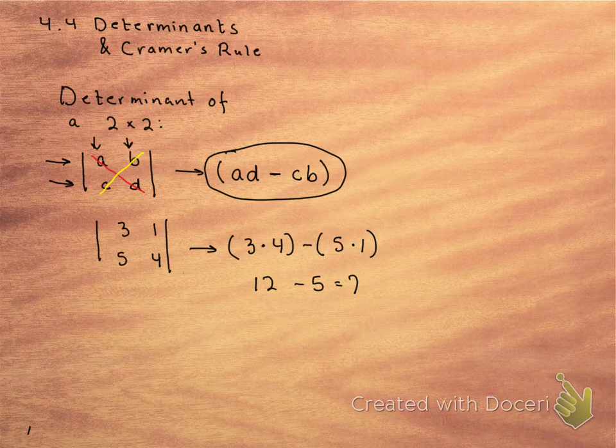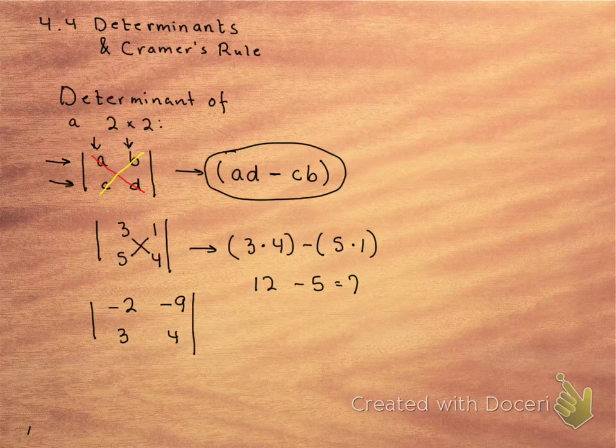So A times D minus C times B. So you can see in the worked out determinant here, we've multiplied 3 times 4 minus 5 times 1. Very, very simple. So we could do -2, -9, 3, and 4.